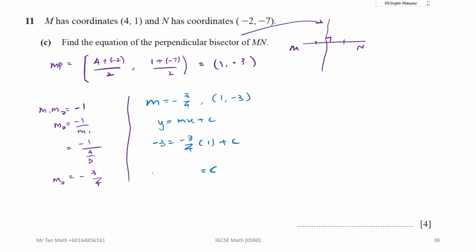So c equals negative 3 plus 3 over 4, so you get negative 9 over 4. So your equation will be y equals negative 3 over 4 x minus 9 over 4.